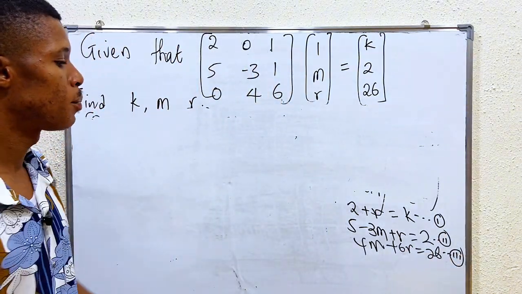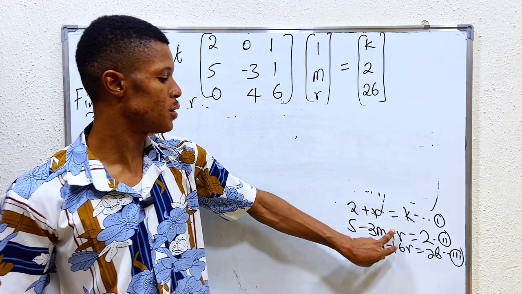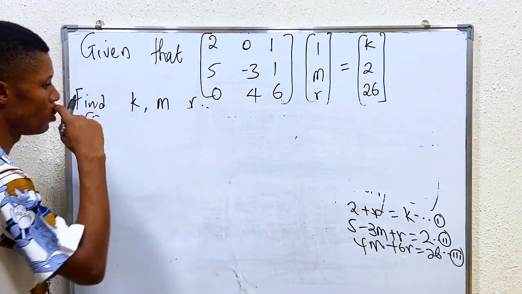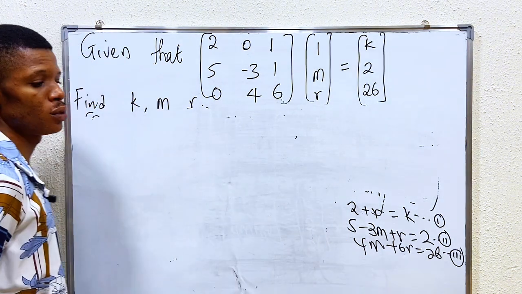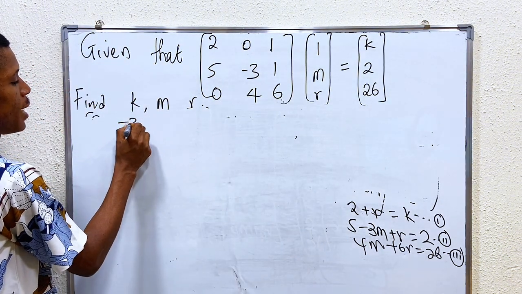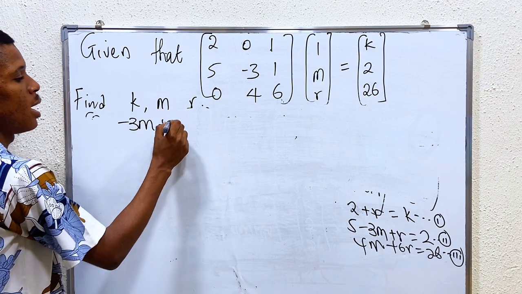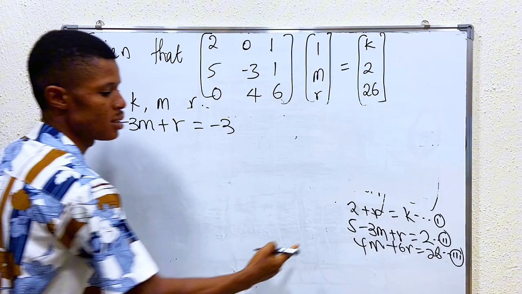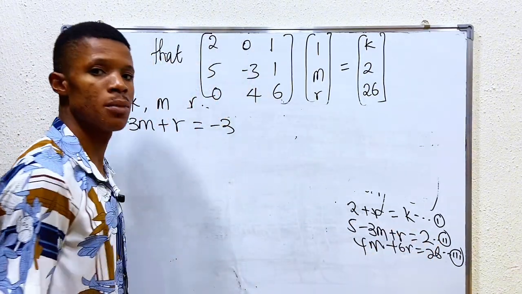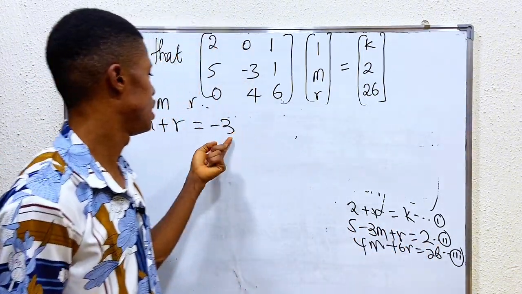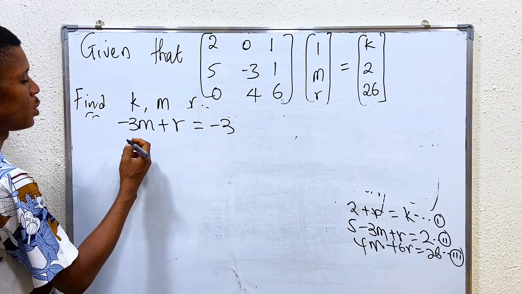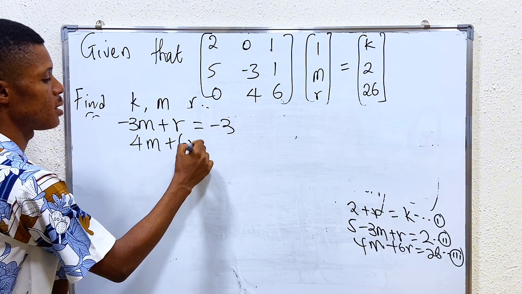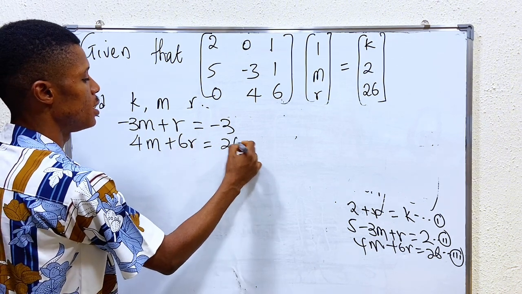On solving, I'm going to minus 5 from both sides, so we compare equation 1 and equation 2. From equation 2, minus 3m plus r is equal to minus 3, because when 5 crosses the equality, it becomes minus, and 2 minus 5 is minus 3. And again, I have 4m plus 6r is equal to 26.